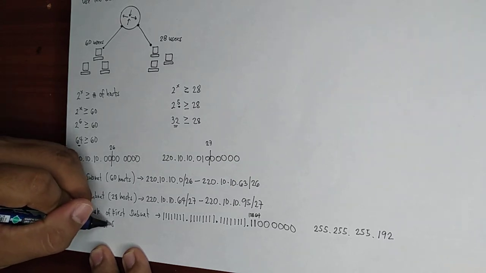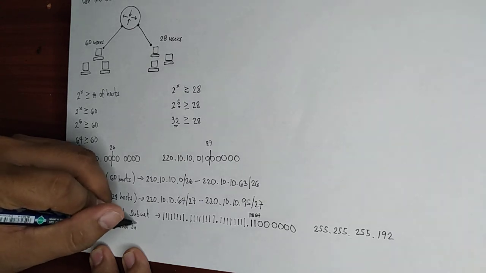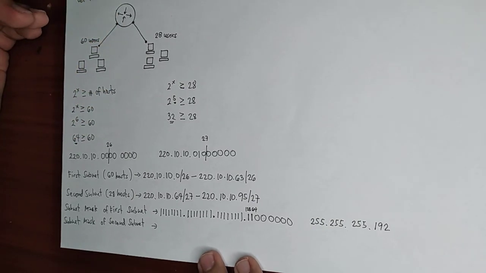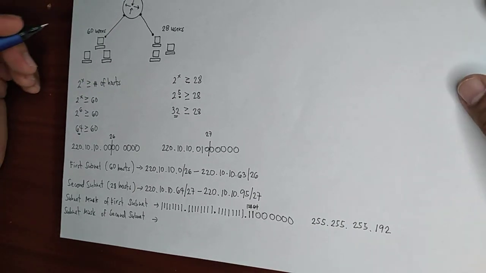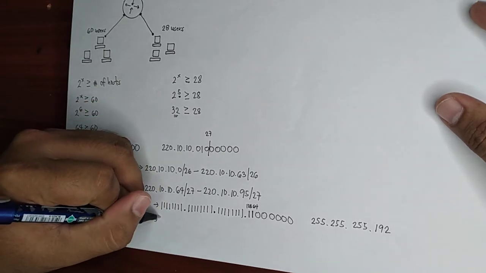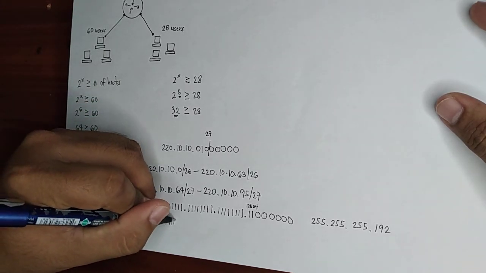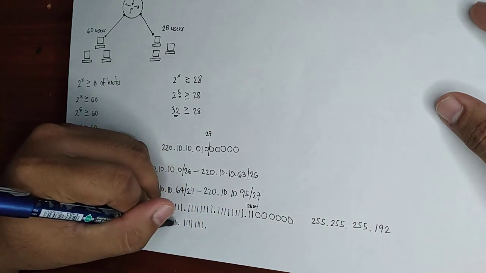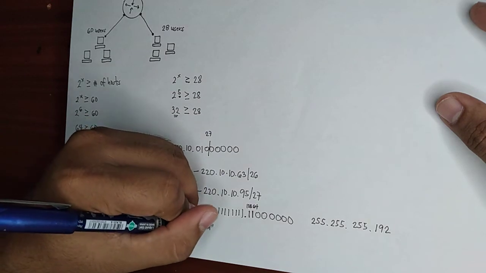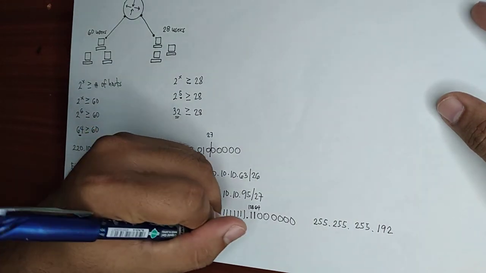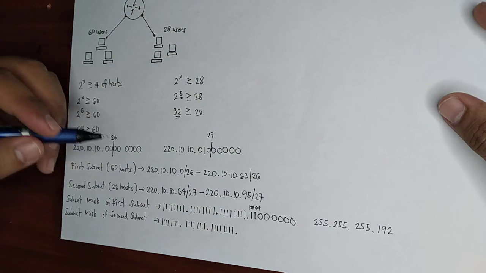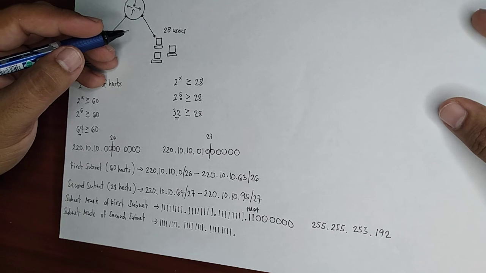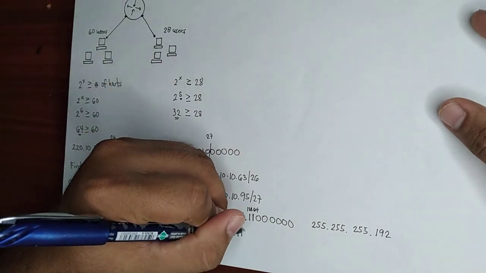Next, the subnet mask of the second subnet. We have a slash 27 value for our second subnet. Again, we will just copy 1, 2, 3, 4, that's the first octet, 1, 2, 3, 4 again for the second octet, and then the third octet. Remember that it's a slash 27, so we need to borrow 3 bits for our network bits: 1, 2, 3.